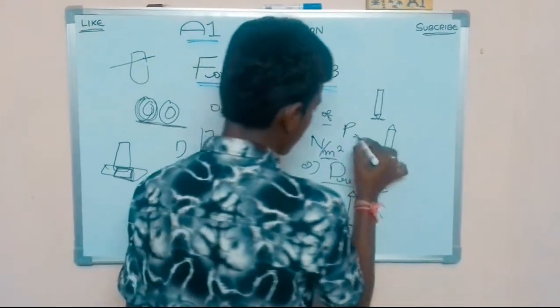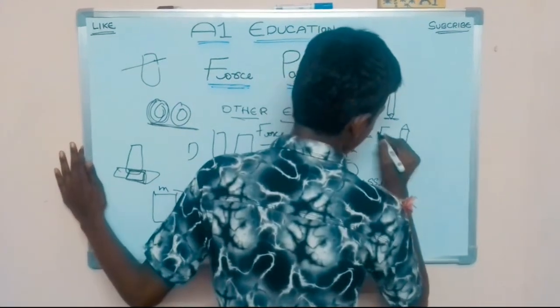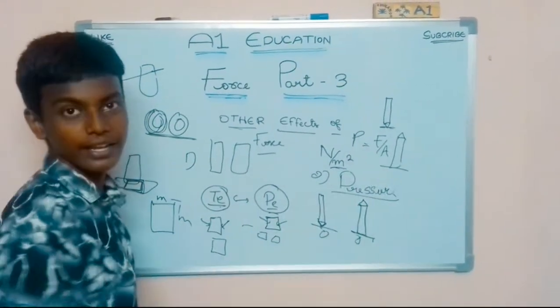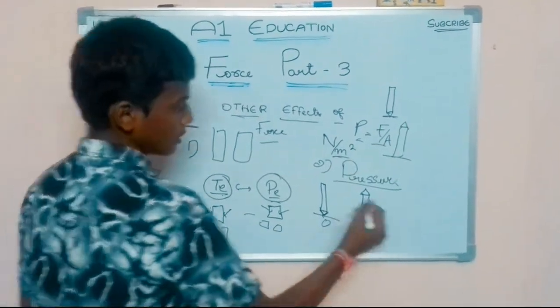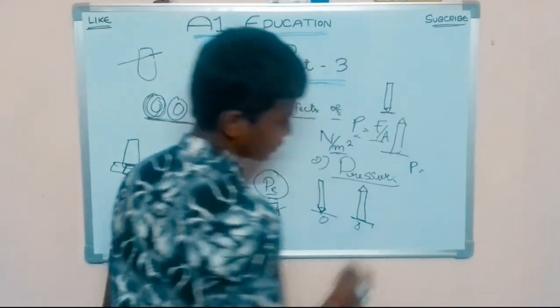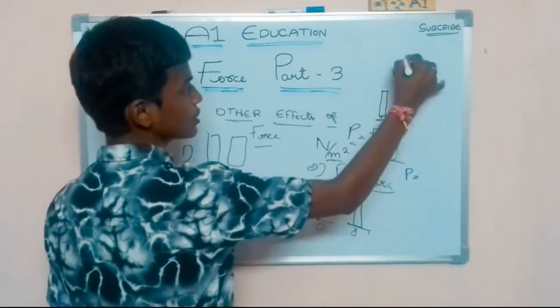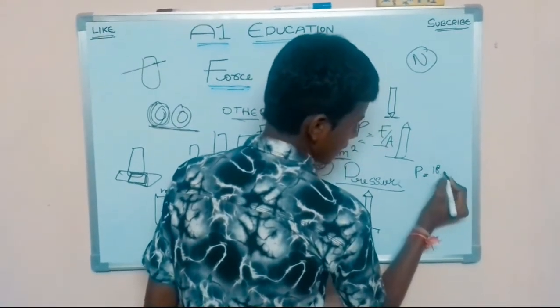Pressure has a formula. What is that formula? F by A. Force by area gives the pressure. For example, force is denoted in newtons.